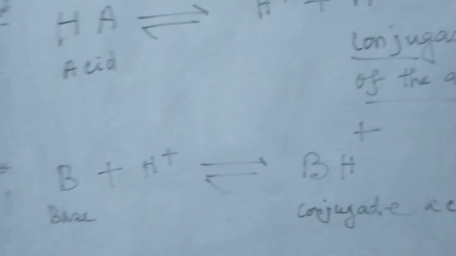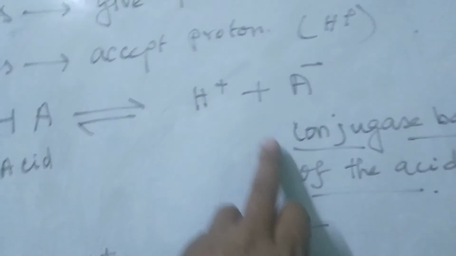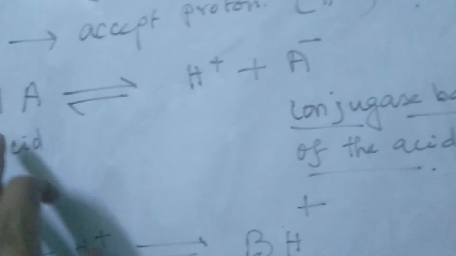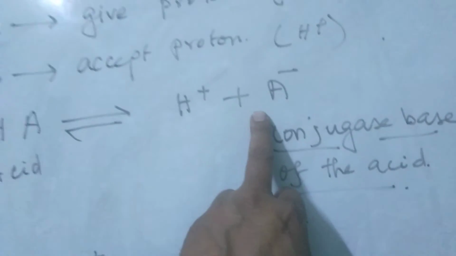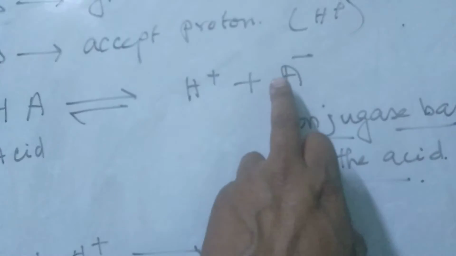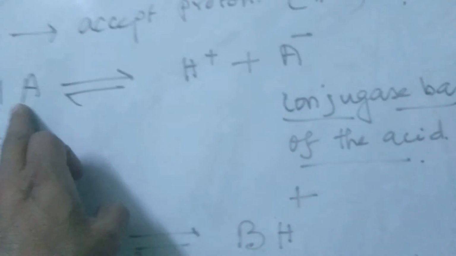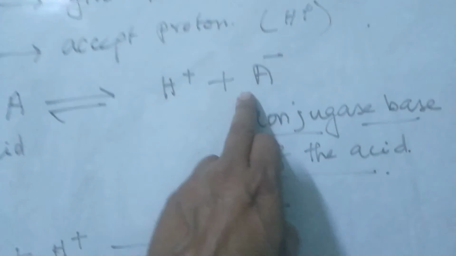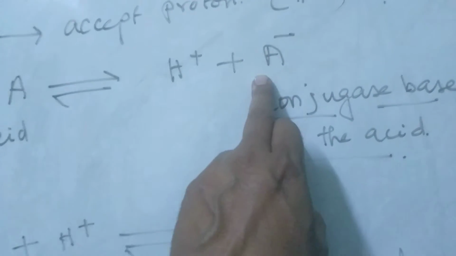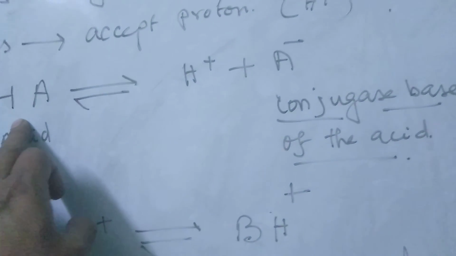Now how can we judge the strength of the acid and base? If the conjugate base of the acid is highly stable, then the acid is very strong.